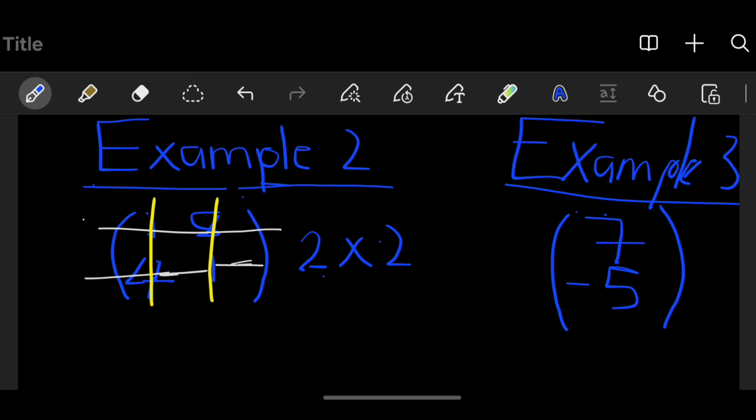Okay, so remember, like we did in the previous 3 examples, we first take a look at the number of rows, which are 1 and 2. Then we go to the number of columns, which is 1. So this is called a 2 by 1 matrix because it has 2 rows and 1 column.